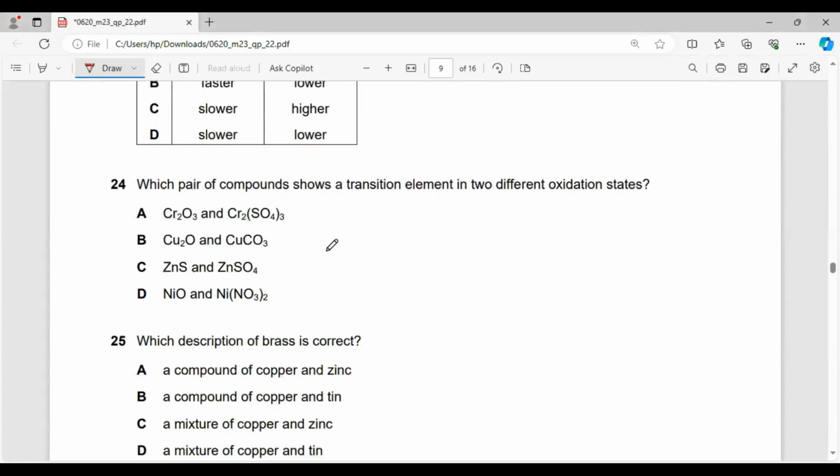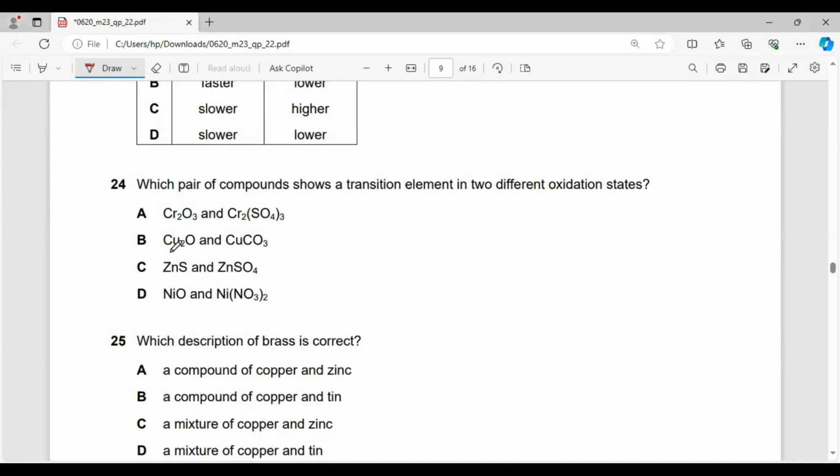Which pair of compounds shows a transition element in two different oxidation states? Cr2O3 and Cr2(SO4)3. In this case, we can see chromium has gained 3 oxygen atoms, and here also SO4 is repeated 3 times, so it exists in the same oxidation state. Cu2O and CuCO3.